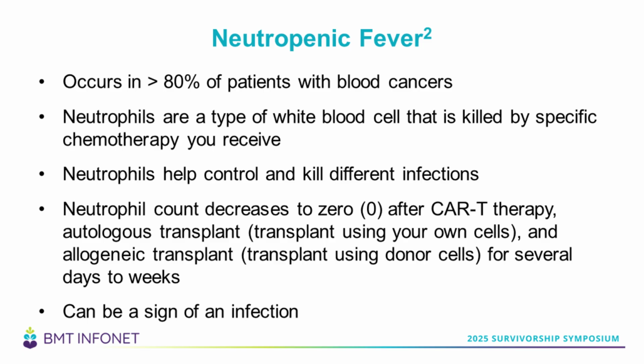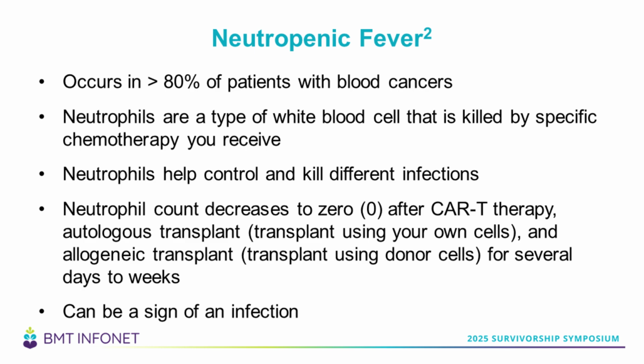The neutrophil count decreases to 0 after CAR T therapy, autologous transplant, again, which is your own cells, type of transplant, and allogeneic transplant, transplants using donor cells, for several days to weeks. So this is a very specific and fragile time period where patients can be very susceptible to infection.